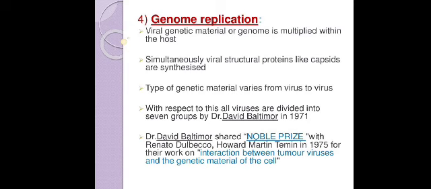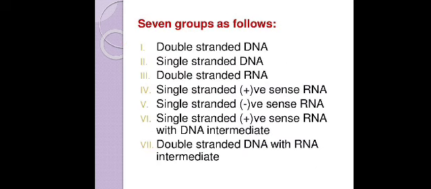Dr. David Baltimore shared the Nobel Prize with Renato Dulbecco and Howard Martin Temin in 1975 for their work on the interaction between tumor viruses and the genetic material of the cell. There are the 7 groups of virus replication.